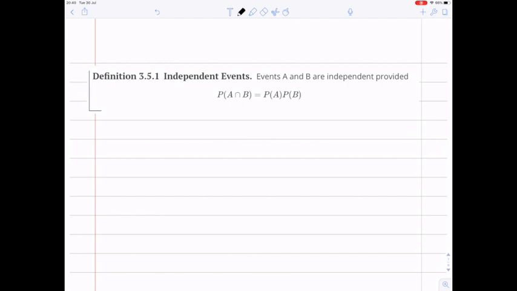And the notation and the vocabulary we use is we say that events which don't affect one another are called independent events. And the way we look at them mathematically is we say that the probability of A and B happening is just the same as the probability of A happening times the probability of B happening.